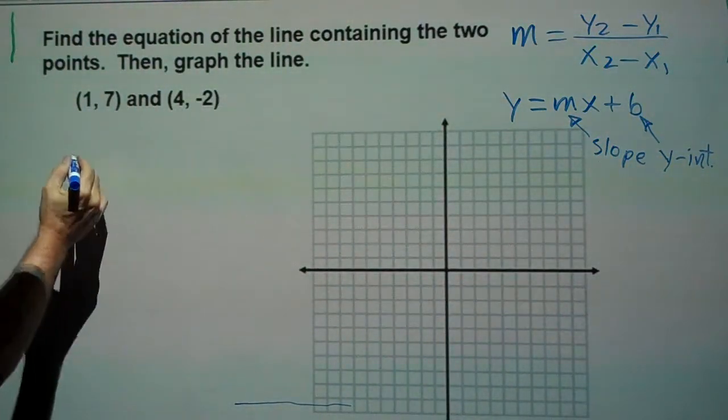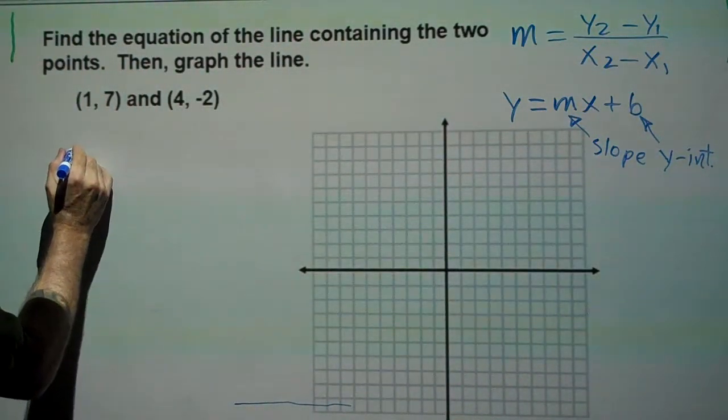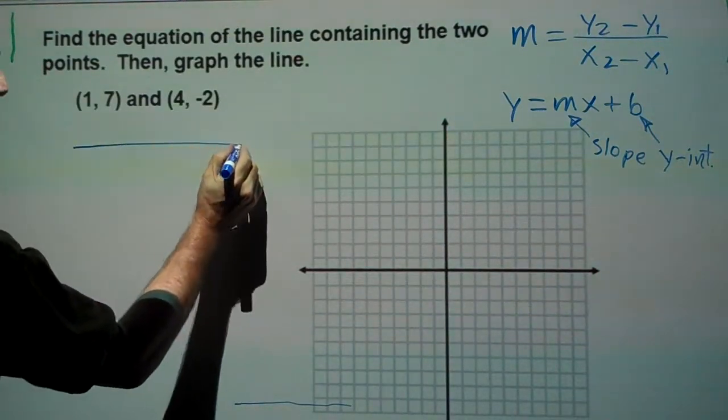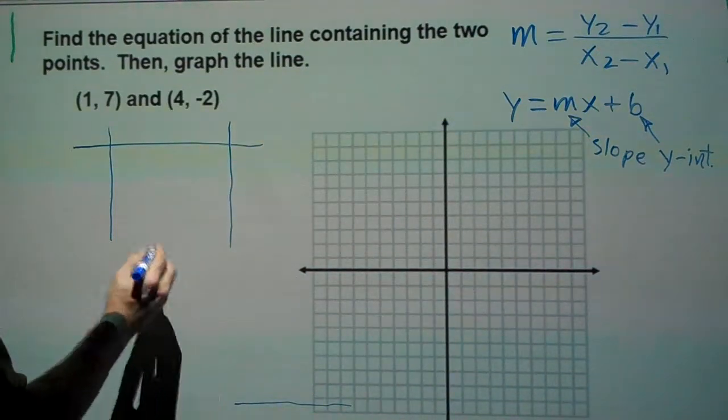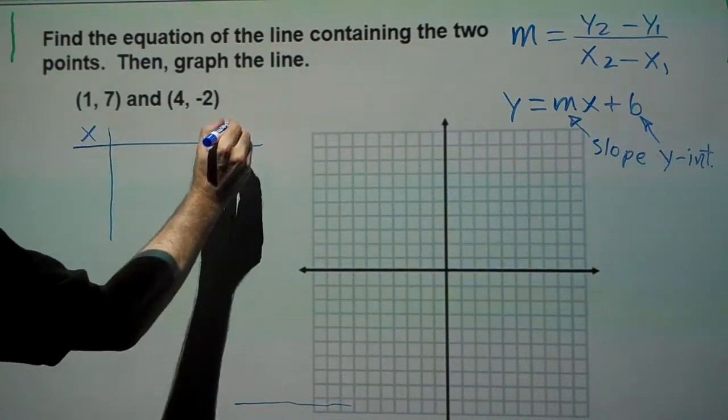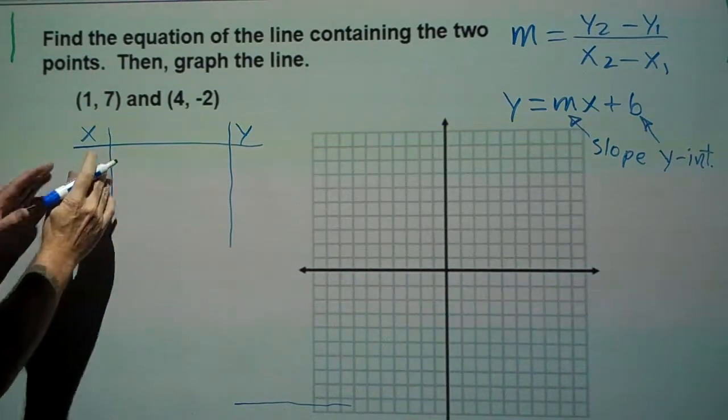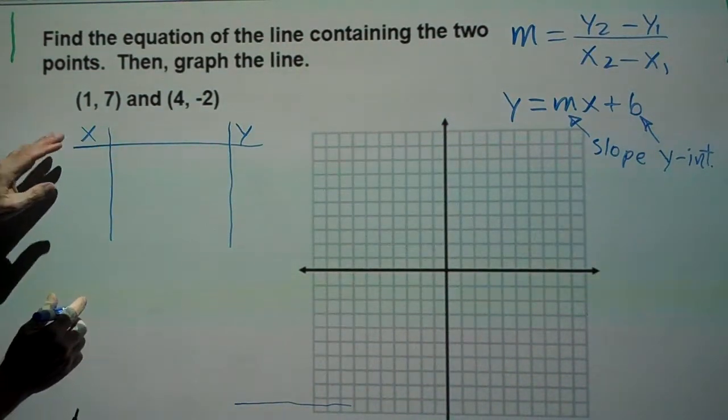And for this we're going to use what I think is really a graphical organizer form of the slope formula, and this is called a 3-column process chart.